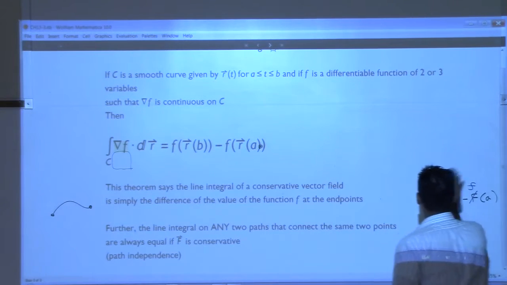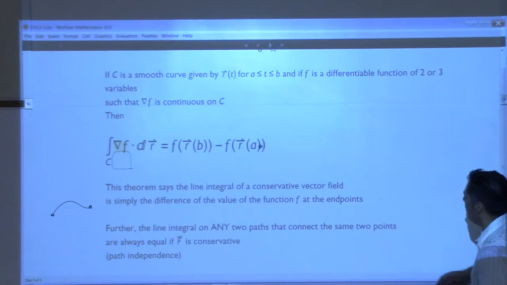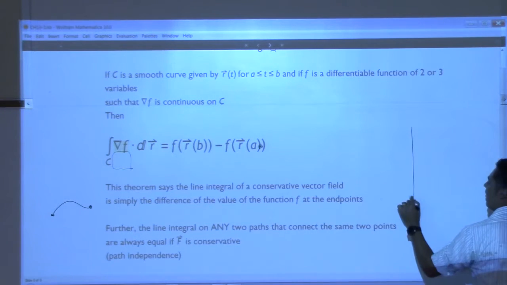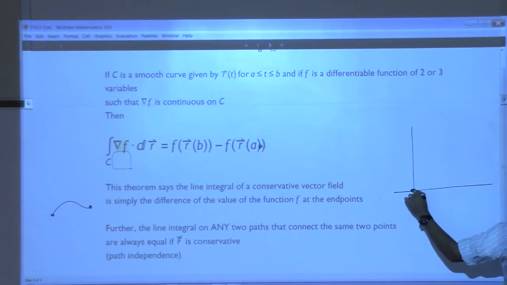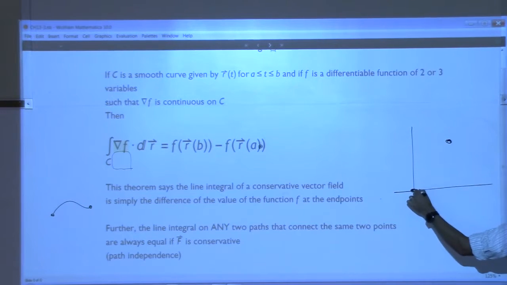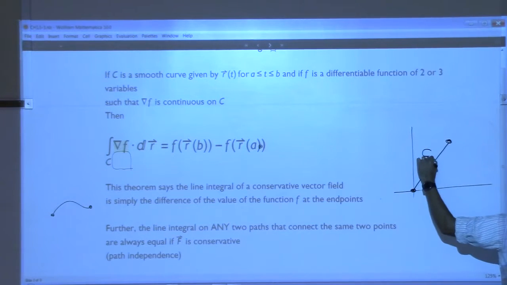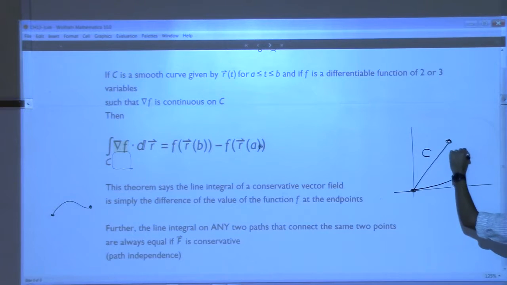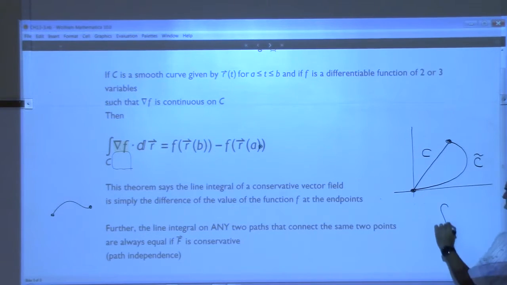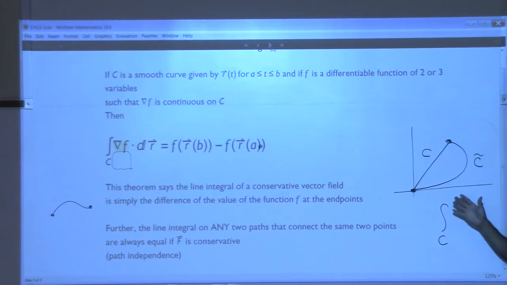So do you remember last class we did a problem where we had, I don't remember exactly the points, but we had like a straight line and we called that C, and then we had another one that was like a parabola opening sideways, we called it C tilde, and then we evaluated a line integral along both C and C tilde, and we compared them.